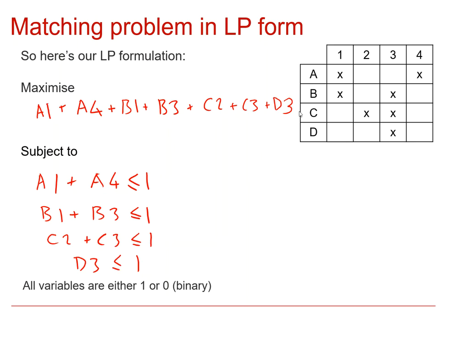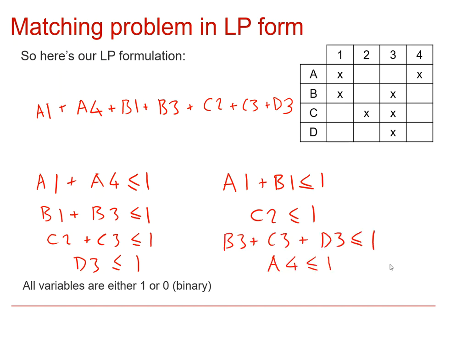And we need to do the same thing now for the columns, so that gives us A1 plus B1 is less than or equal to 1. There it is. And then for the next column we just have C2 less than or equal to 1, and then we keep going, like that.